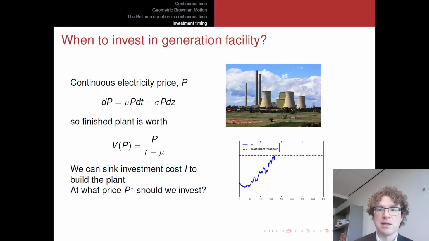That's again represented by this picture here. How long do we have to wait, how high does this blue price have to grow, before we want to make this investment I to get the value P over r minus mu?